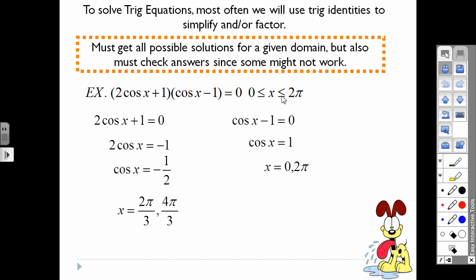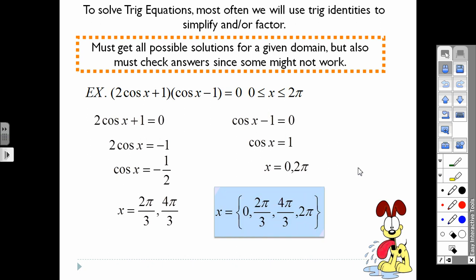Sometimes, you got to watch out for this, sometimes there's no equal sign with one or both of the inequality symbols. So just watch out for that. Okay, so we can list out our answers, and typically when we list out our answers, they should be in order from smallest to greatest, but if you just get them all there, I'm happy. Good enough for me. Okay, so there was the first equation.